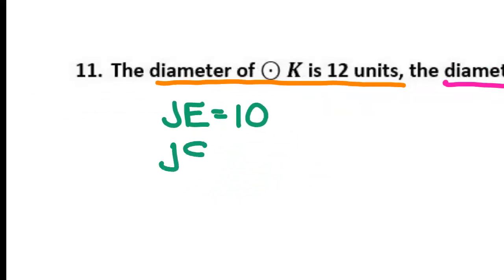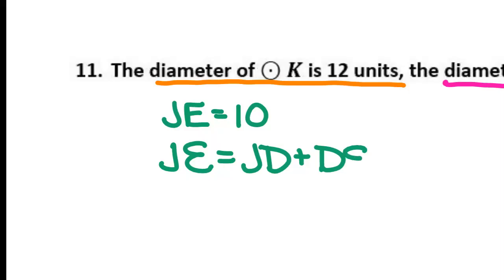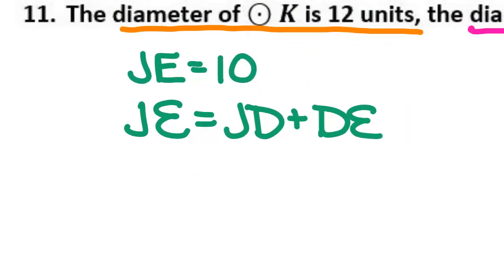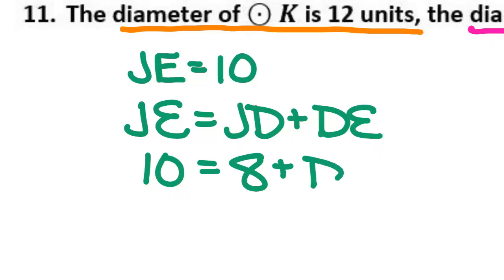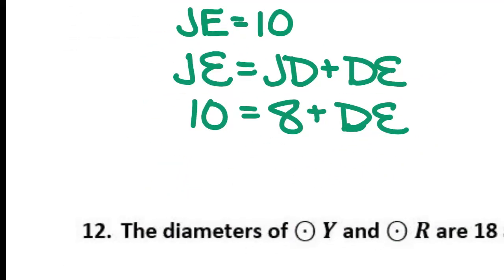And JE is equal to JD plus DE. So I would have 10 equals 8 plus DE. So how big would DE have to be? 2.